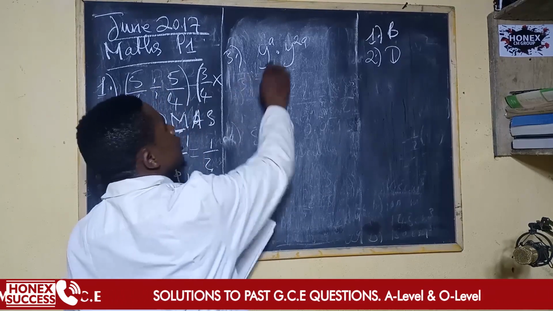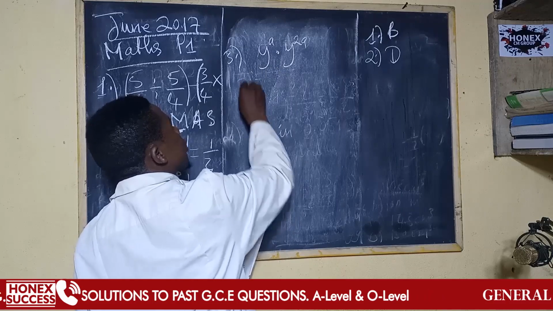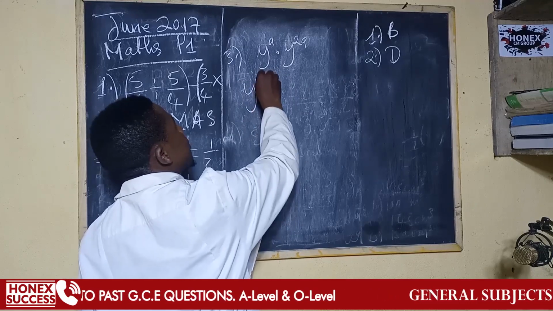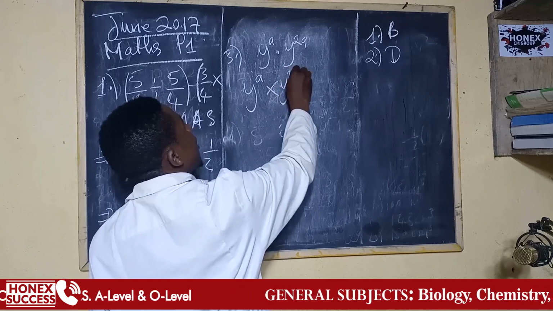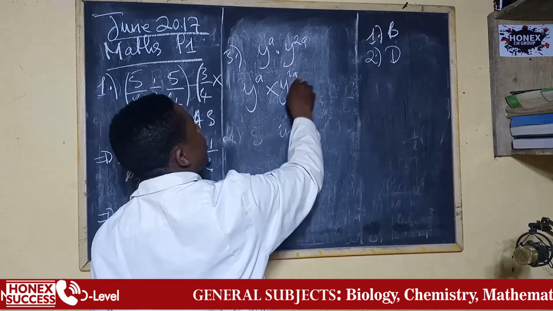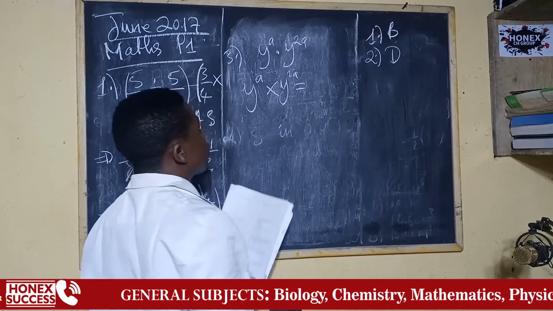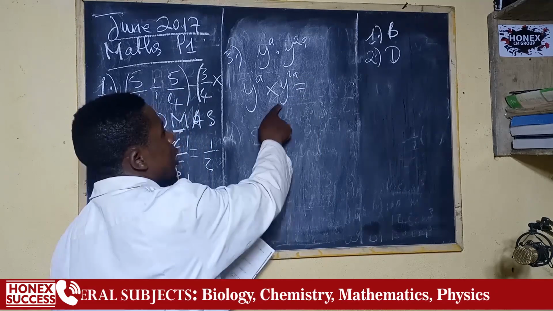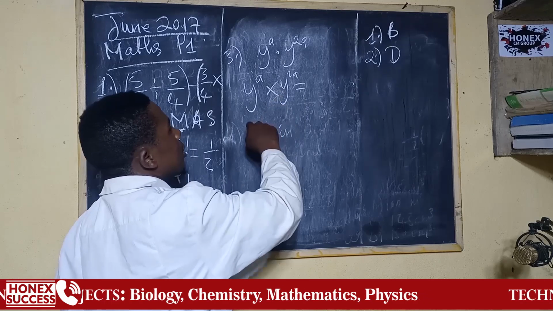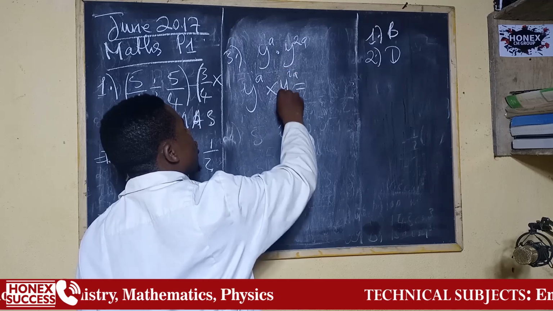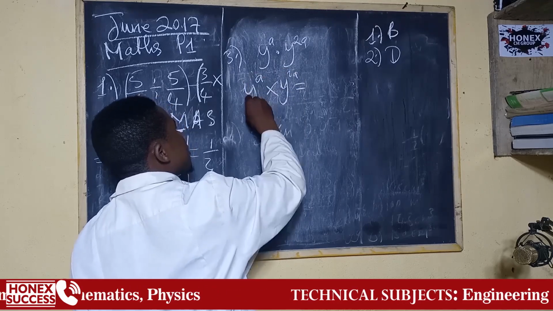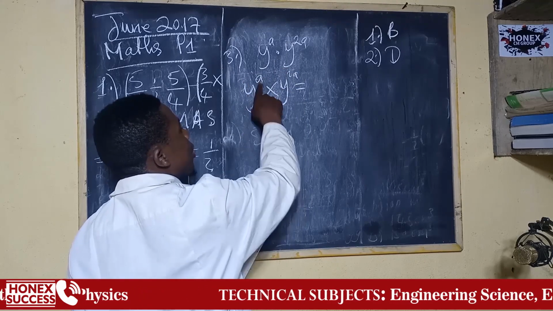We have y to the power a times y to the power 2a. Check the base. This has been written in index form, so in the first term we have y to the power a, and in the second term we have y to the power 2a.